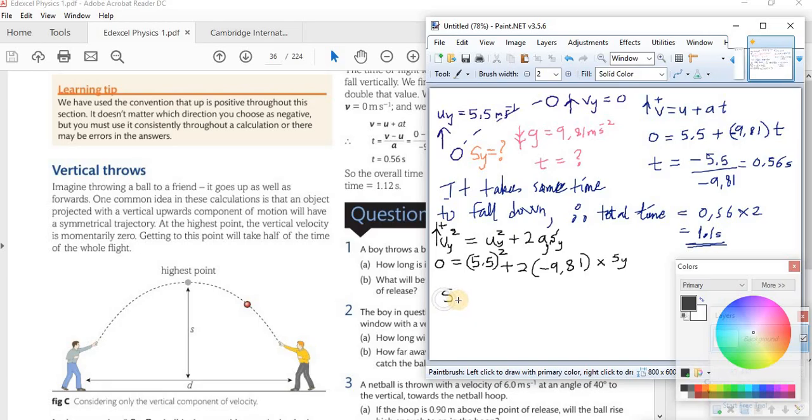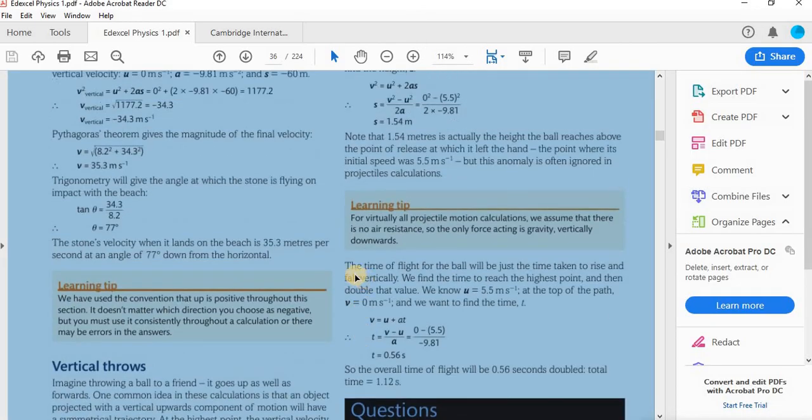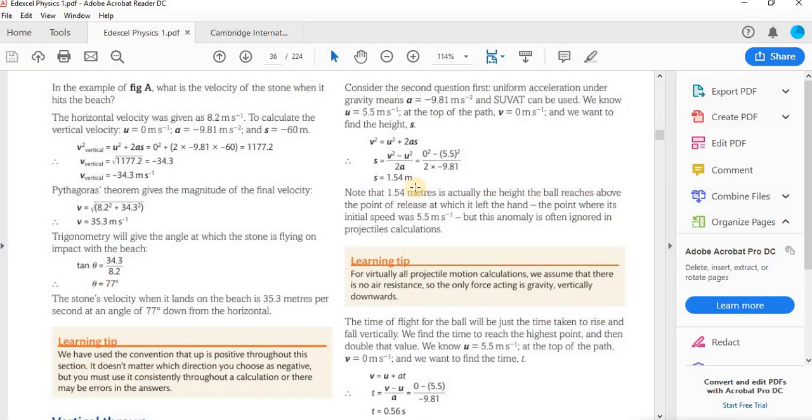So sy is equal to 1.5 meters. Yes, see, 1.5 or 1.54 meters. You can write 1.54 and then round off to 1.5 if you want, but in these questions they don't really look for the significant figures. They usually give it to 3 significant figures.